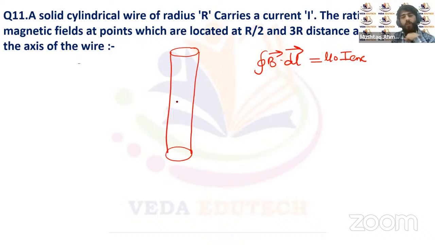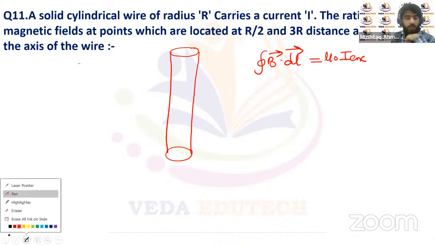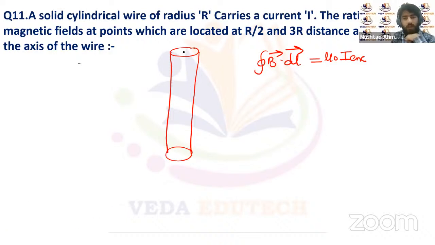This is the cylindrical wire of radius capital R. The net radius of this wire is capital R. Now we have to find the magnetic field at some external point as well as inside the cylinder.